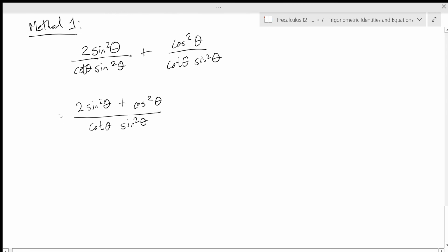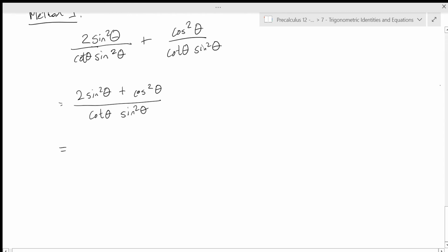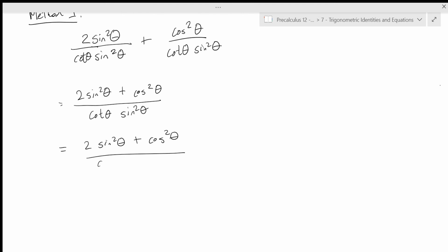So now I might notice that, well, let's try simplifying the denominator a little first. This is cotan theta, so it's 2 sine squared theta plus cosine squared theta. And I know that this is cosine theta over sine theta times sine theta times sine theta, because we're multiplying 2 sine squared theta.